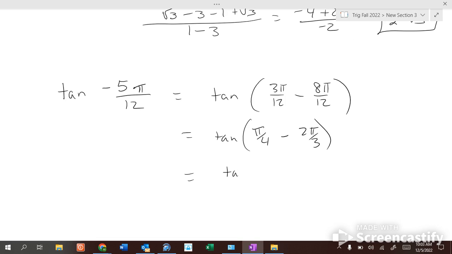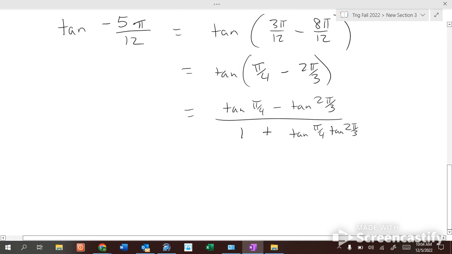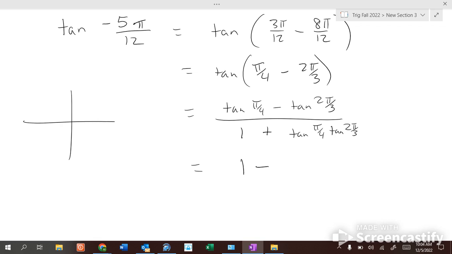Which is the tangent of pi over 4 minus the tangent of 2 pi over 3, over 1 plus the tangent of pi over 4 times the tangent of 2 pi over 3. What's the tangent of pi over 4? 1. 2 pi over 3, that's up here. Okay?